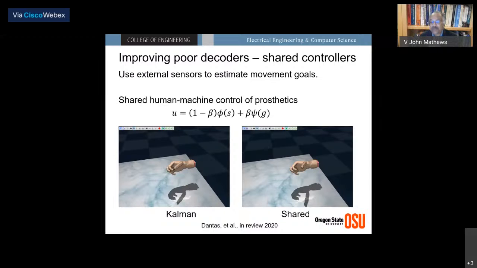Again, what I'm going to show is how a Kalman filter alone works, and how a Kalman filter that also incorporated some information using a goal estimation process performed. First, the Kalman filter.